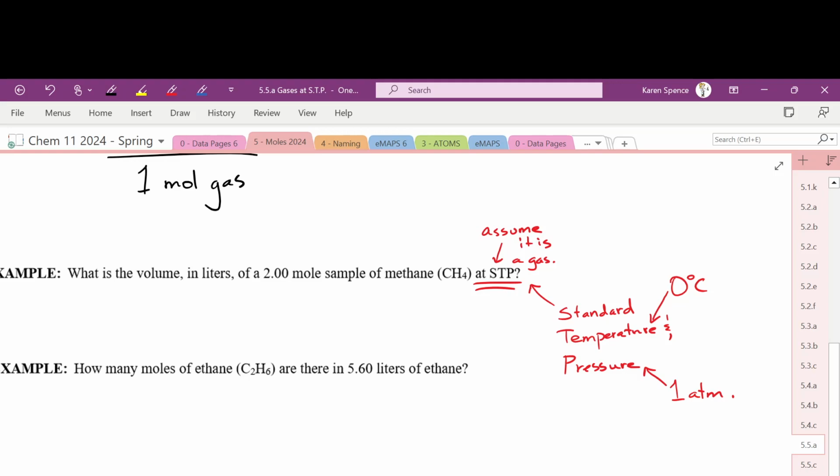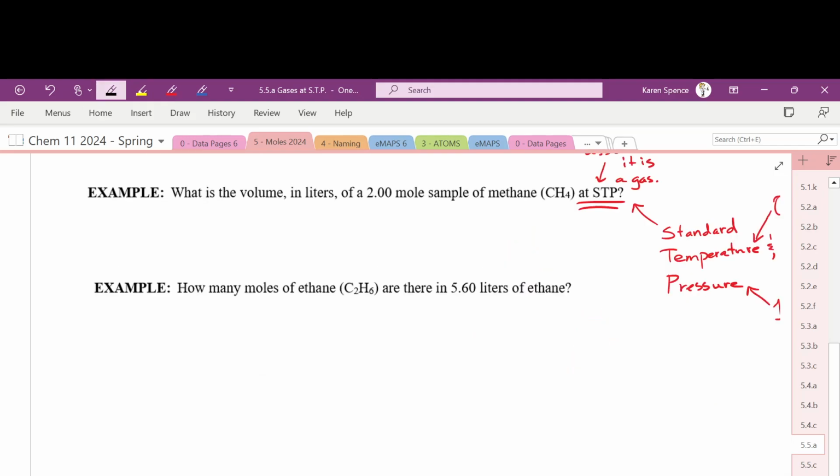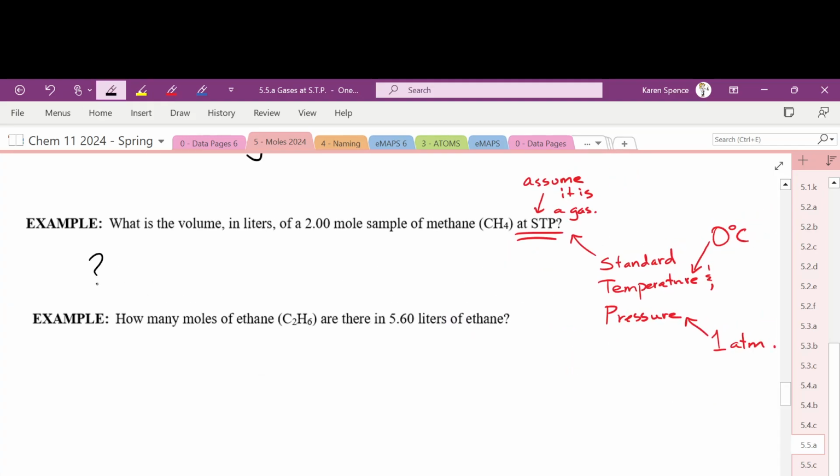Okay, so what is the volume in liters of a 2-mole sample of methane at STP? So we want to say, what is the volume in liters? And we're starting with 2.00 moles of methane. What do we want to cancel?